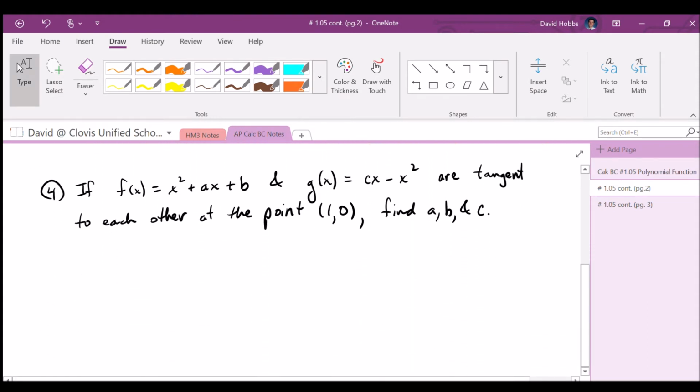Okay, problem number 4. If f of x is x squared plus ax plus b, a quadratic function, and g of x is cx minus x squared, also a quadratic function, are tangent to each other at the point 1, 0, find a, b, and c.